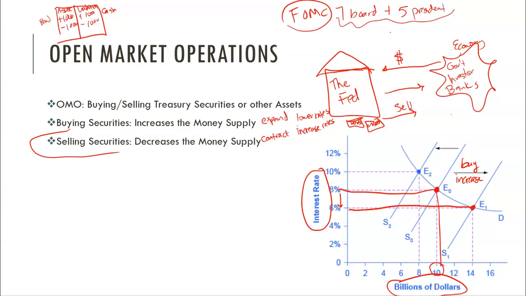So then there's going to be $1,000 less in the money supply, and that asset goes back out into the economy. And so when they sell securities, it's going to decrease the money supply and raise interest rates. So at that new equilibrium, now we would be at 10%.